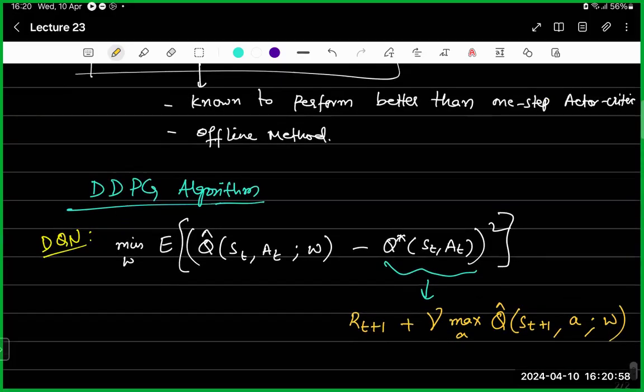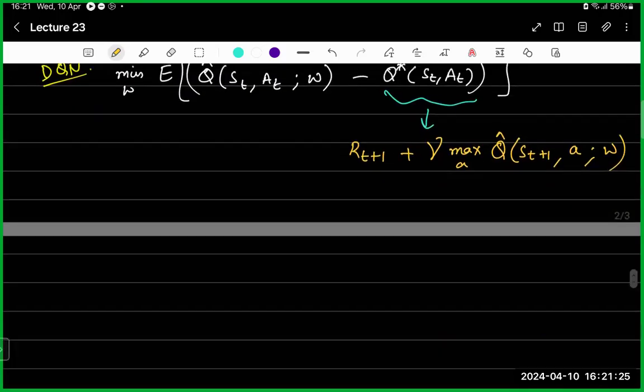Now, how do we compute this yellow term, the bottom one? R t plus 1 we'll get like this: we take an action A t, and the environment will give us R t plus 1. And then how do we get the remaining term? We have looked at two ways of doing this, right?